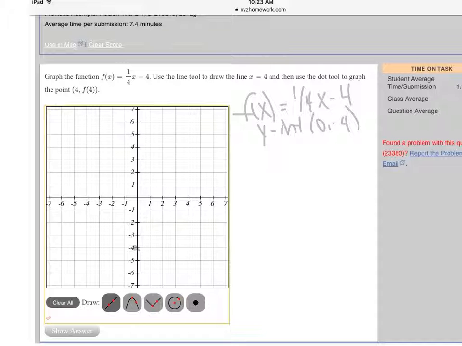a dot. And then in order to use the slope, I would go with the slope of 1/4. That tells me that this is rise over run.